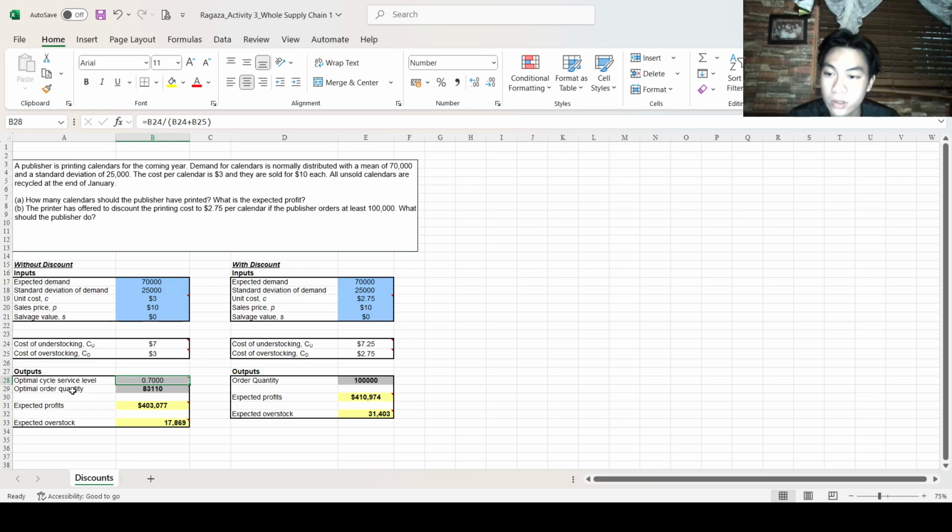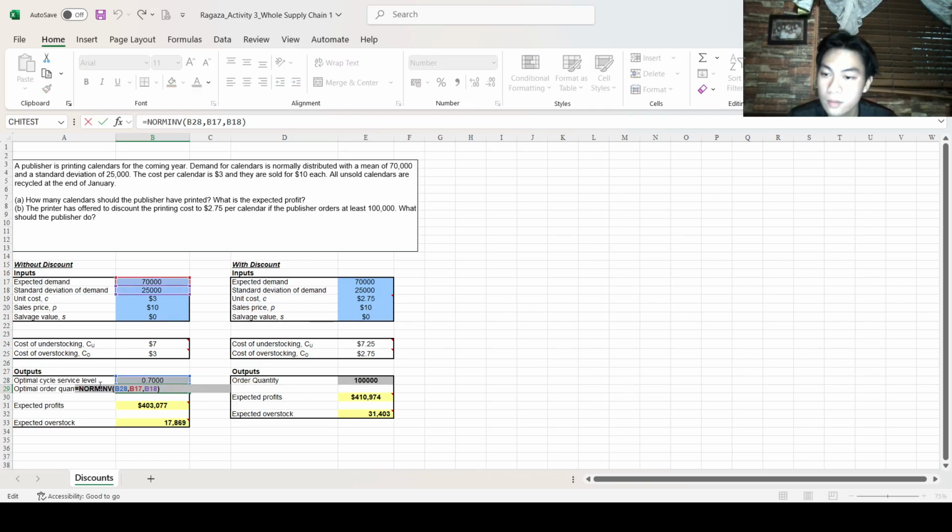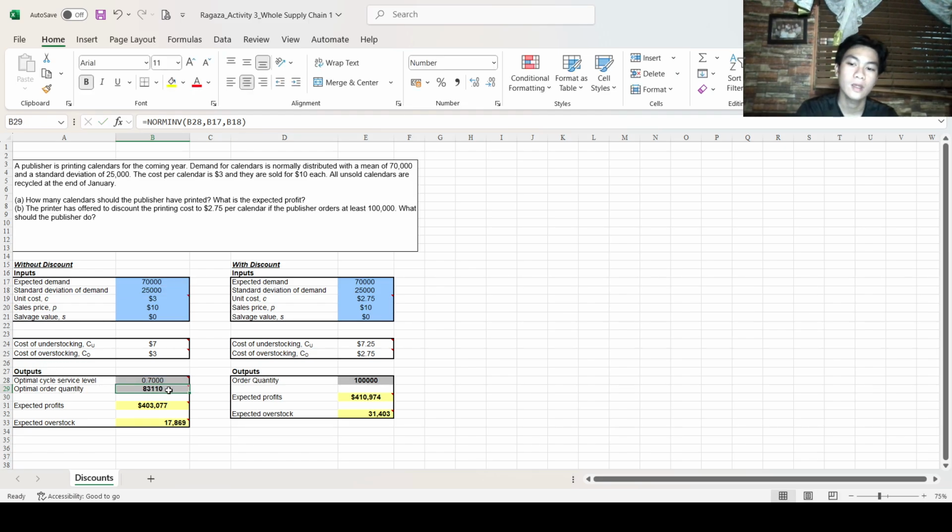For the optimal order quantity, this is the formula, which uses the mean of the expected demand, the standard deviation of demand, and the optimal cycle service level, giving 83,110.